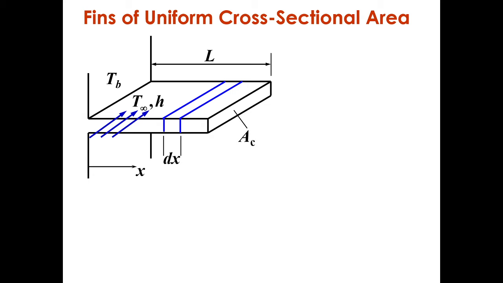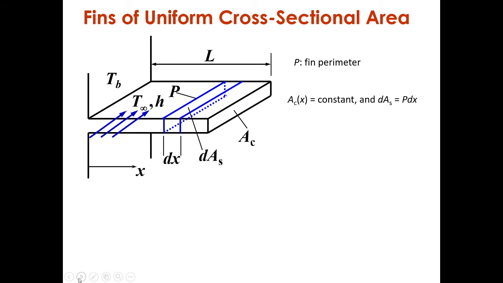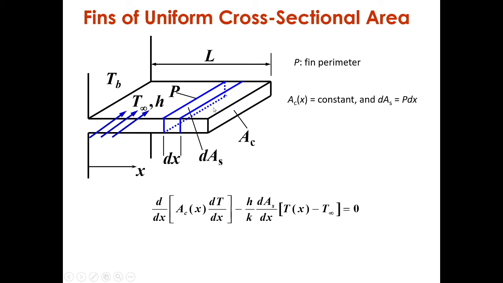We take a small length dx, and the small surface area of that small length dx is dA_s, and the perimeter of that surface area is called P, the fin perimeter, and A_C is constant. dA_s equals P dx, because it is a perimeter.